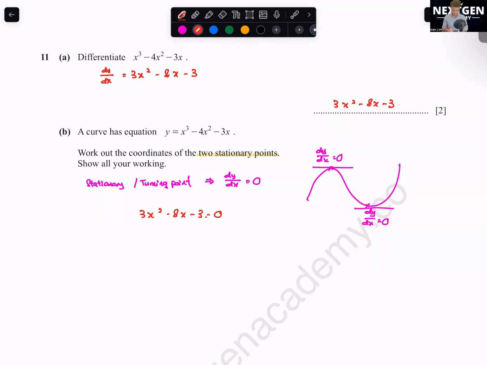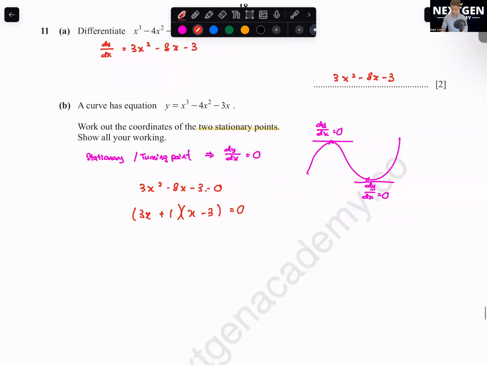I think you can get a nice value here. So here you will get (3x plus 1)(x minus 3) equals 0. x equals negative 1 over 3, x equals 3.